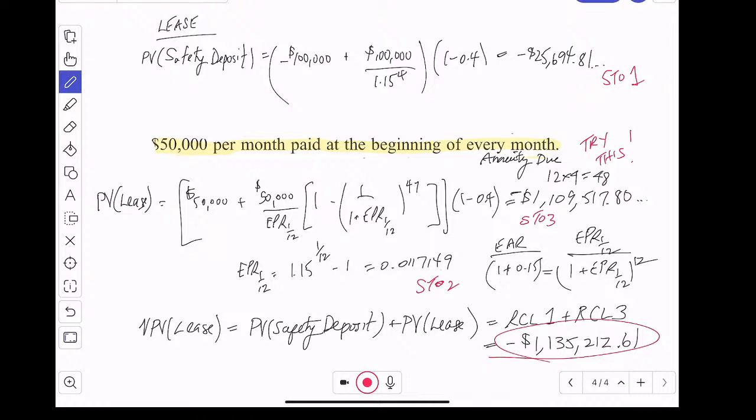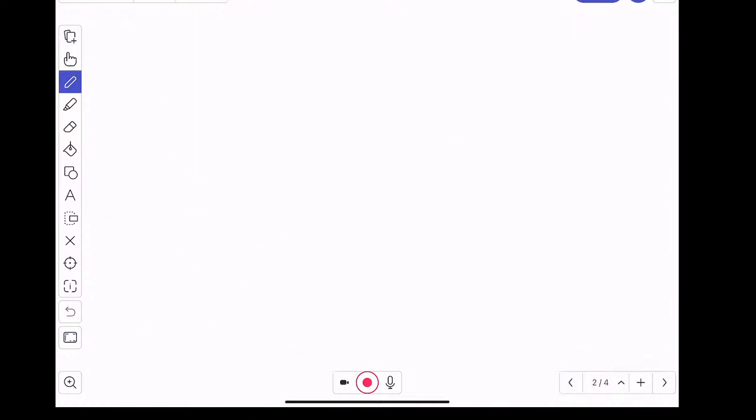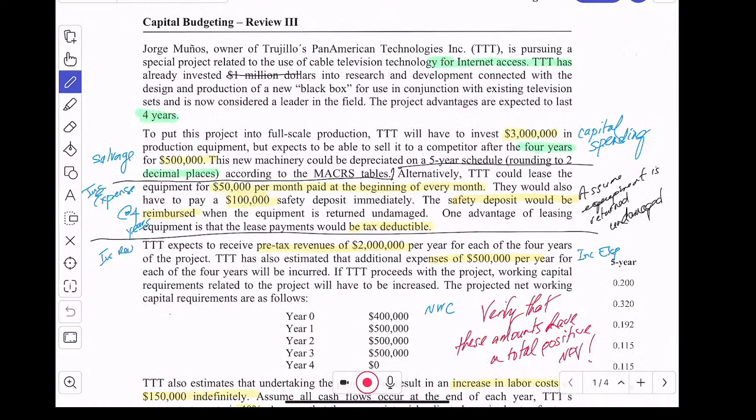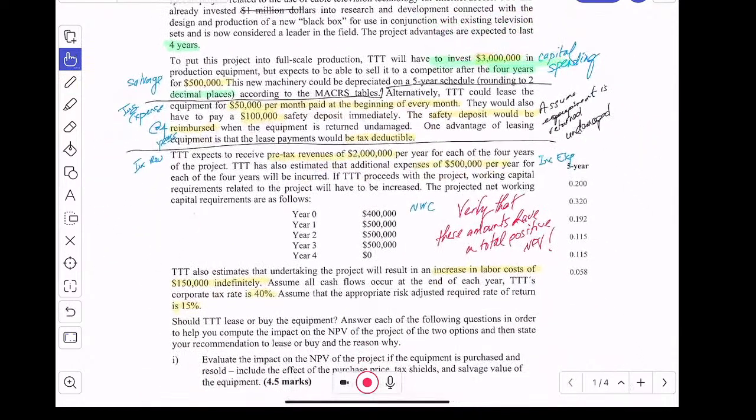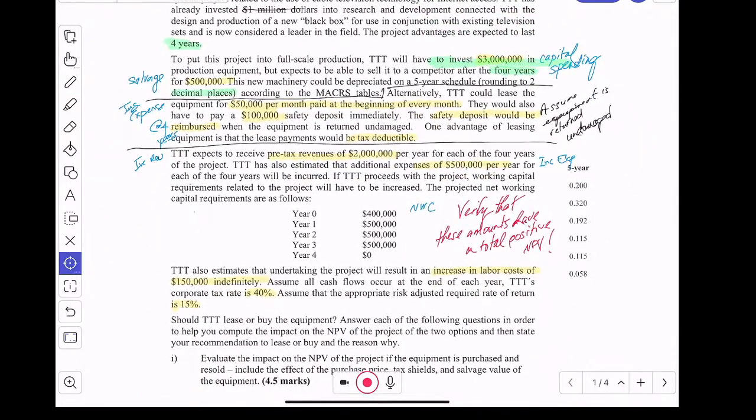So I'll send you this clave so you guys can have it. But the last part would be to make sure that all this information on the revenues, less the investment of the net working capital, and the expenses, including the labor costs, makes it worth it.